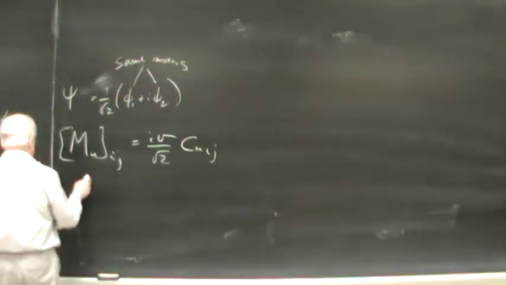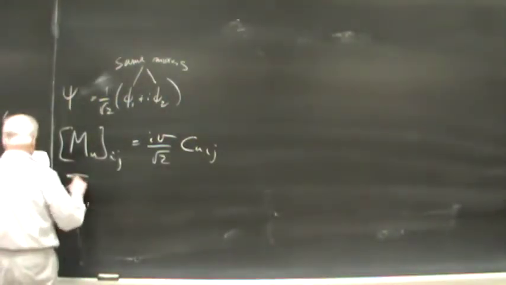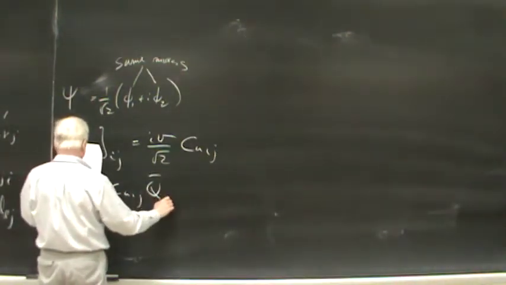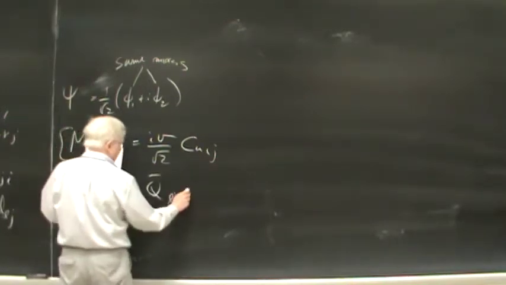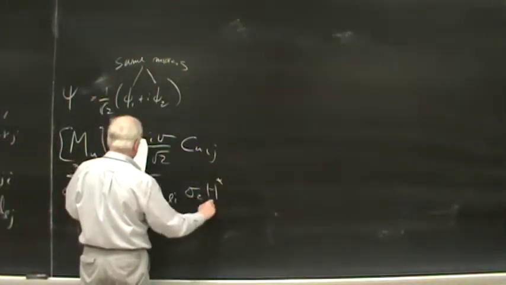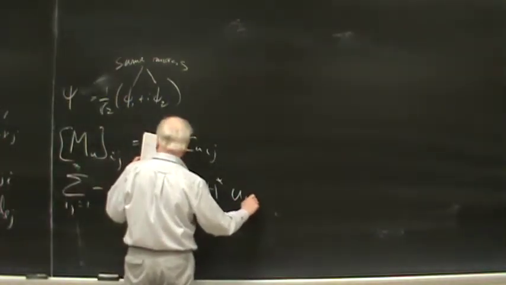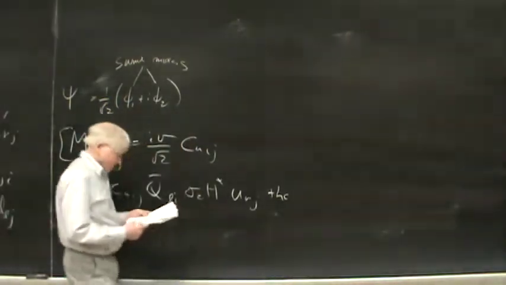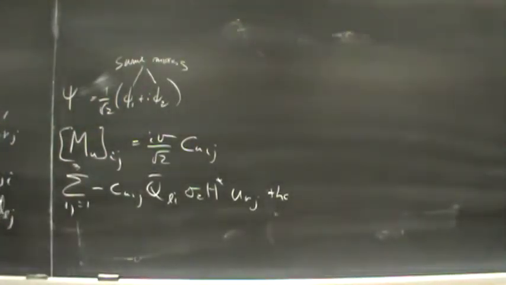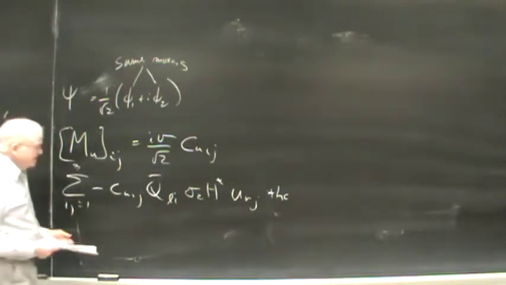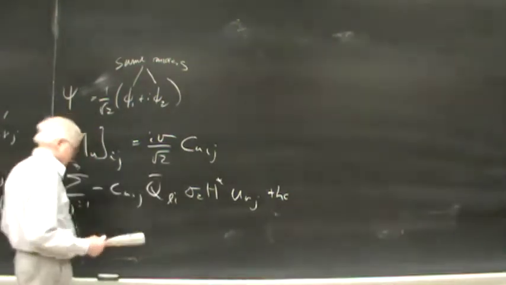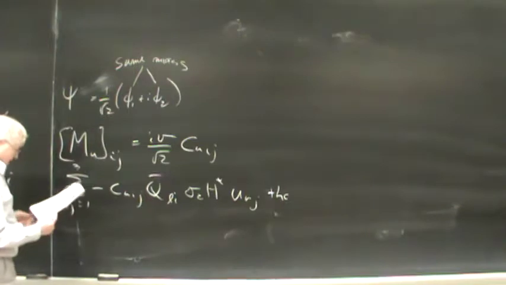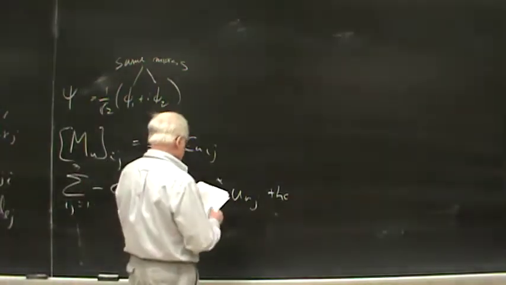And this comes from terms like this: sum i,j equals 1 to 3 minus C_u ij Q bar L i sigma 2 H star u right j, minus HC, or plus HC actually. The sigma 2 tosses out an extra i, so that's why that turns out to be that. Okay?